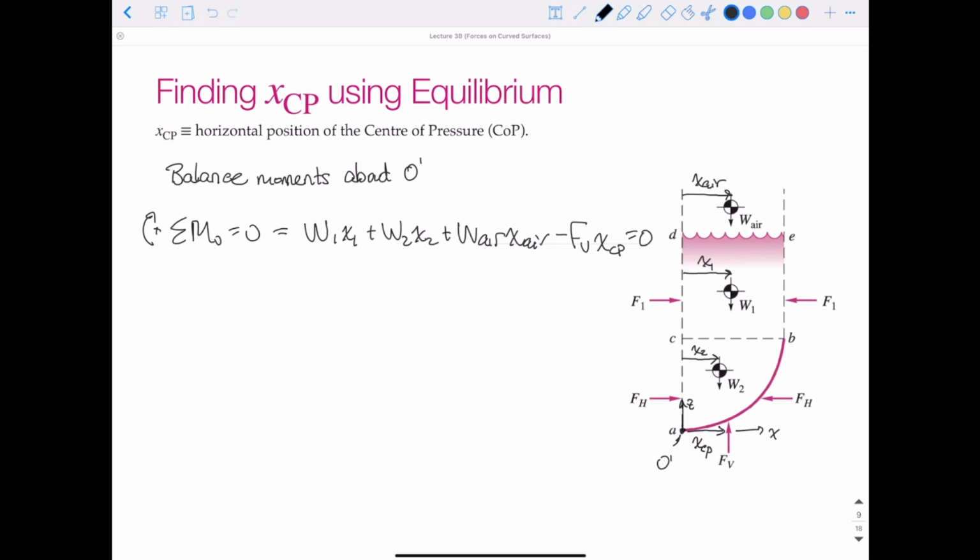We know FV already, we just calculated it. So we have XCP is equal to W1 X1 plus W2 X2 plus W air X air divided by FV.